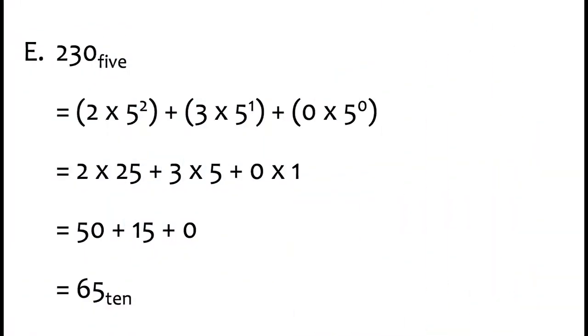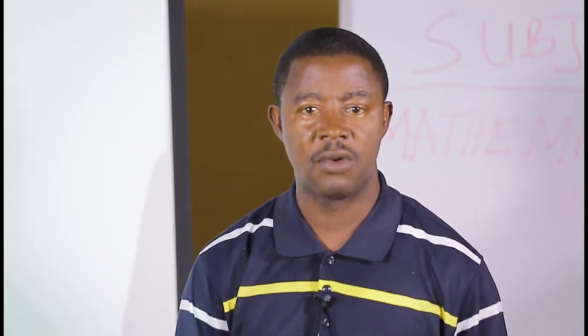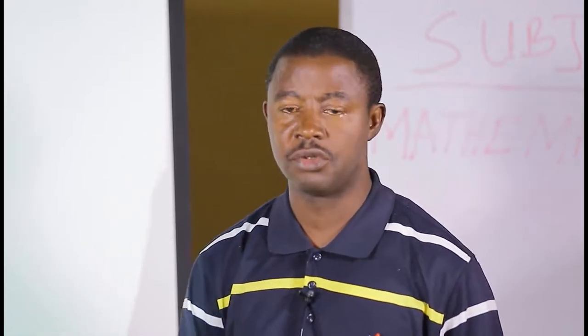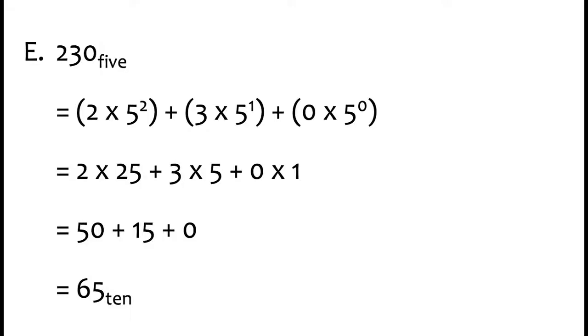Then the next question is E. We have to convert 230 base 5 to base 10. The first thing you have to know is what is the base and what are the digits given to you. It is in base 5.